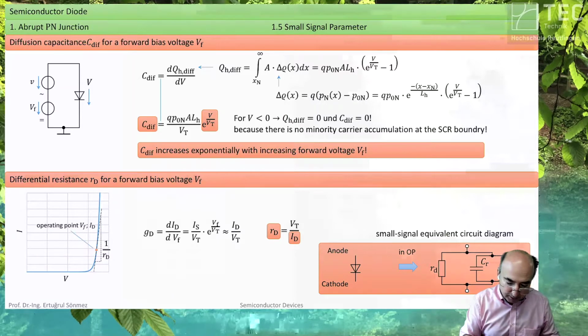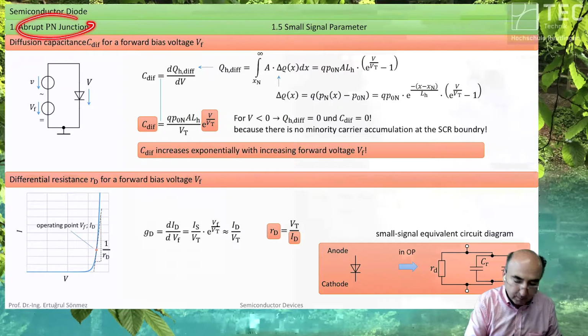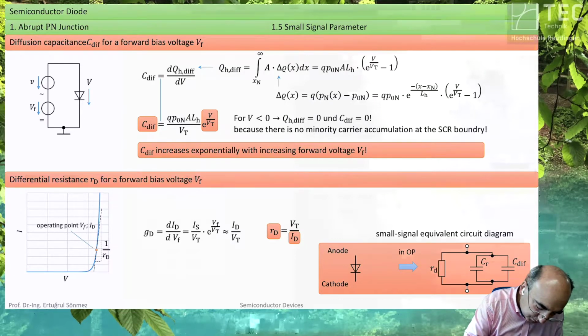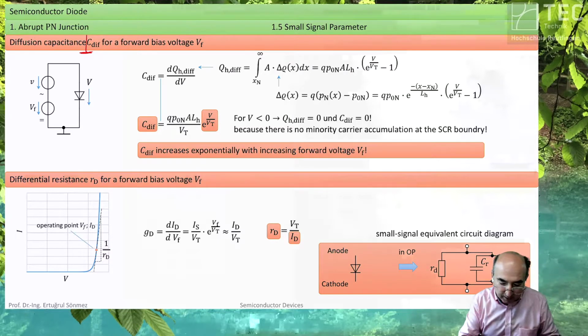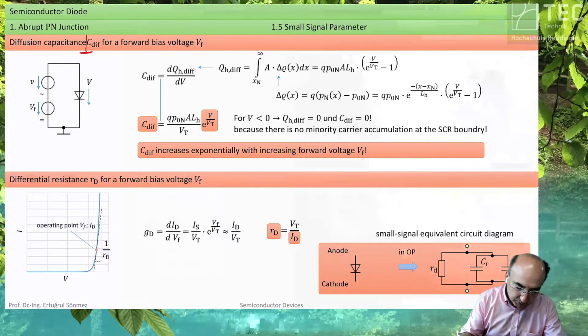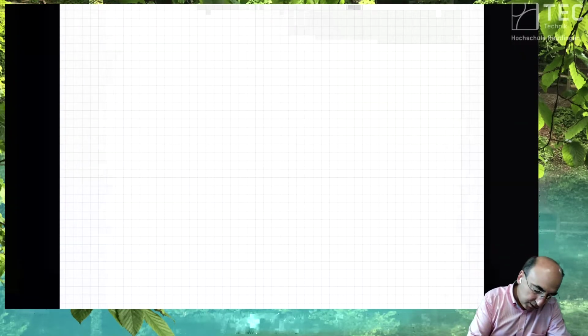If you use a PN junction diode in power electronics, for instance, what is the most simplistic power electronics topology? From my point of view, the most simplistic one is this one. You have an inductor.